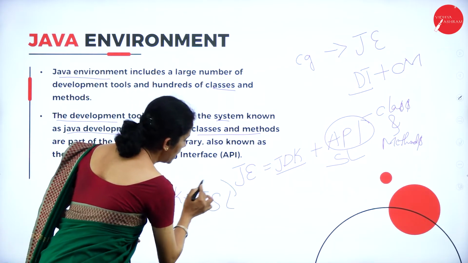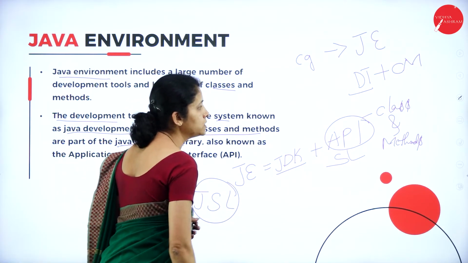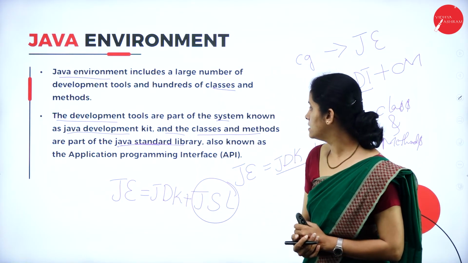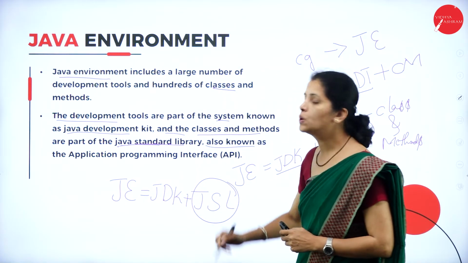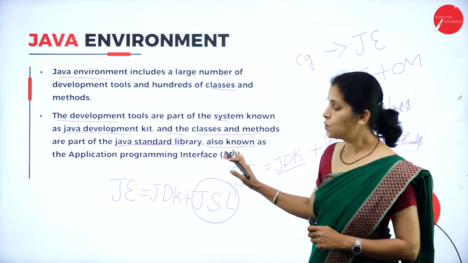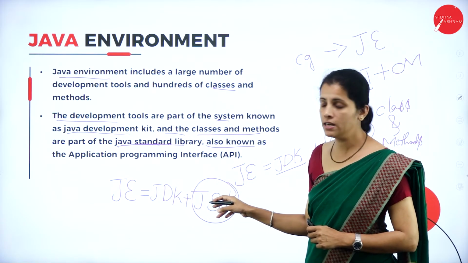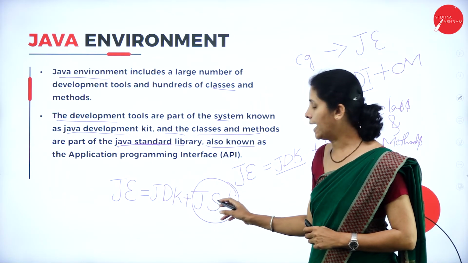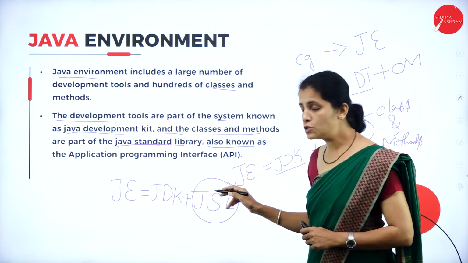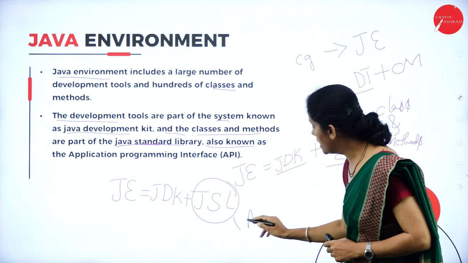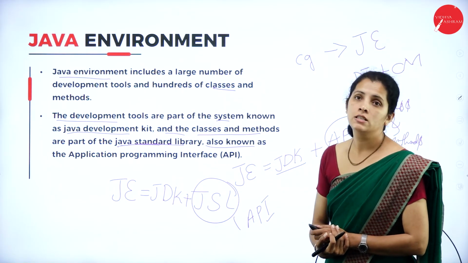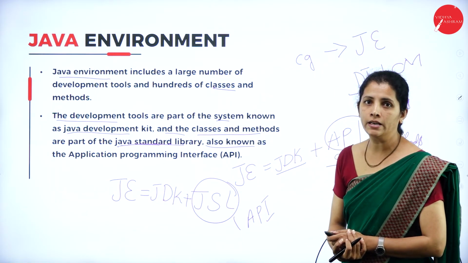The Java Standard Library includes bundles of classes as well as methods, so it is also known as the Application Program Interface. So what is the Application Program Interface here? That is nothing but the JSL, the Java Standard Library. It is also known as API. So this is all about the Java environment.